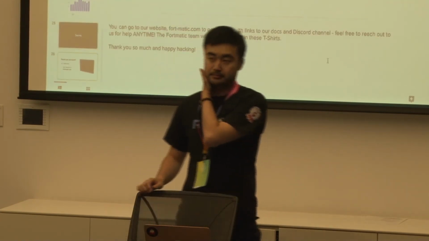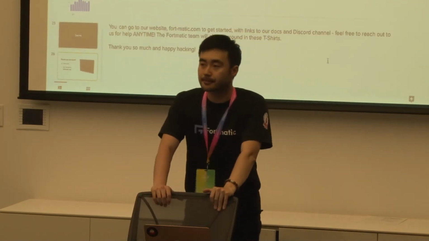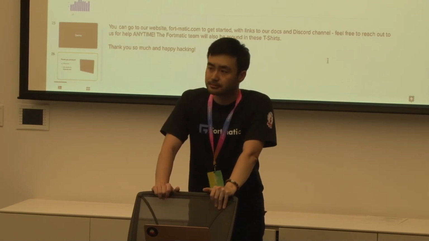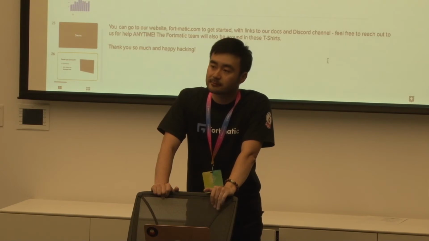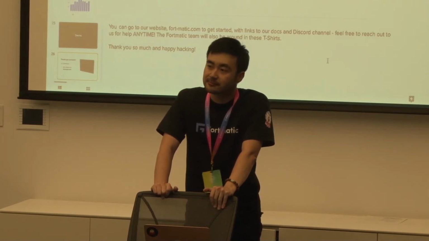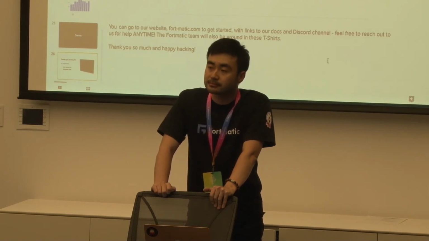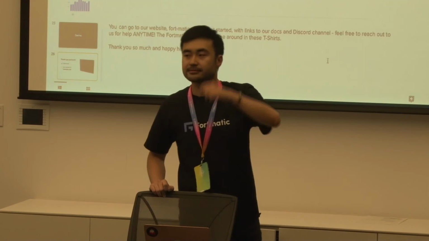I'm trying to understand the relationship between the username and password that you sign up with at Fortmatic.com and the API key that you generated. Are you federating the usernames across all of these API keys, or how is it multi-tenant? Is it per API key you have per user?